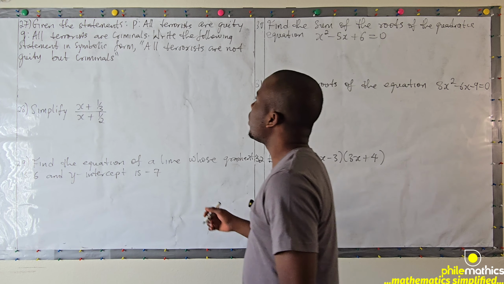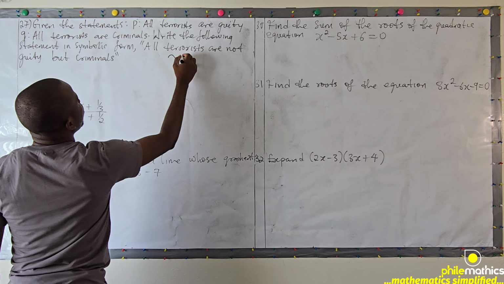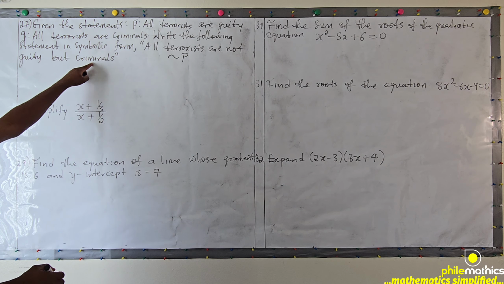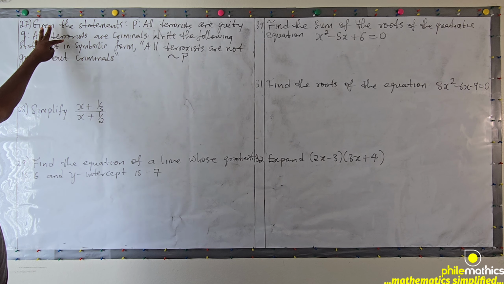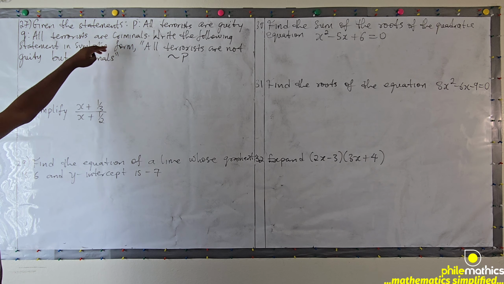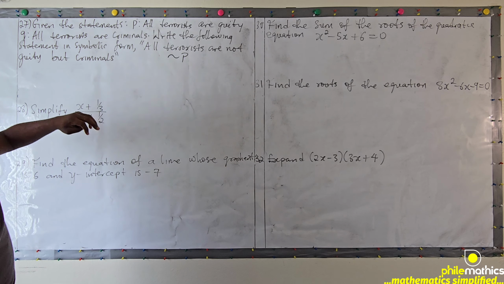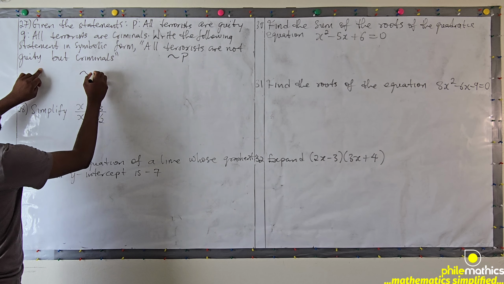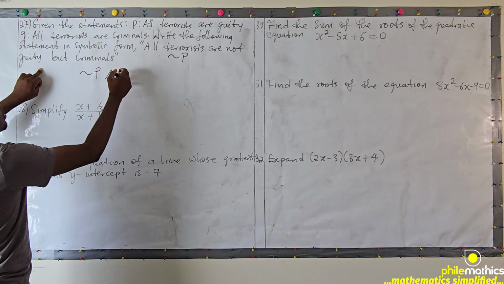And how we write all terrorists are not guilty is negation P, but criminals, meaning being criminals, accepts the initial proposition Q, all terrorists are criminals. So this statement, all terrorists are not guilty and they are criminals. This is how I write it. They are not guilty, but they are criminals.